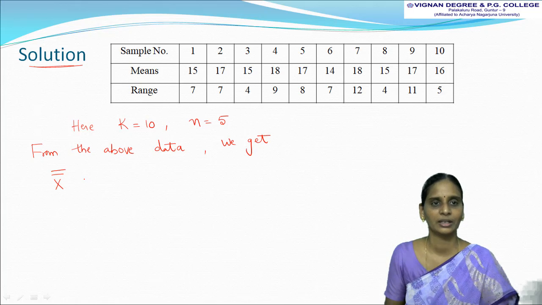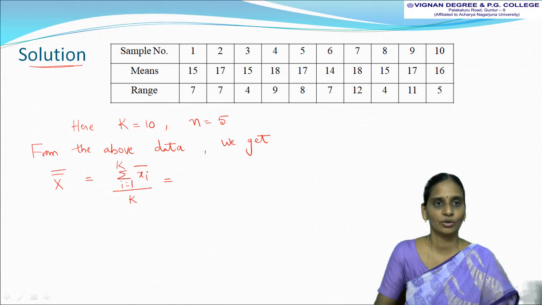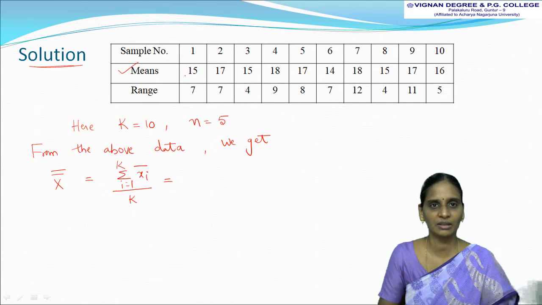X double bar can be obtained by summation i is equal to 1 to K, Xi bar values divided by K. In our problem, these are the mean values of 10 samples. Sum of these 10 values, we get the summation value here 162 divided by the number of samples, here 10. So 162 by 10, this is 16.2.